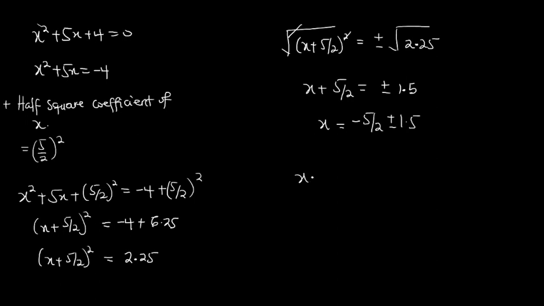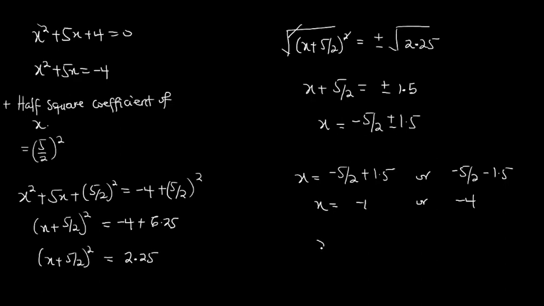So my x values are equal to negative 5 on 2 plus 1.5, or negative 5 on 2 minus 1.5. Negative 5 on 2 plus 1.5 will give me negative 1, or negative 5 on 2 minus 1.5 will give me negative 4.